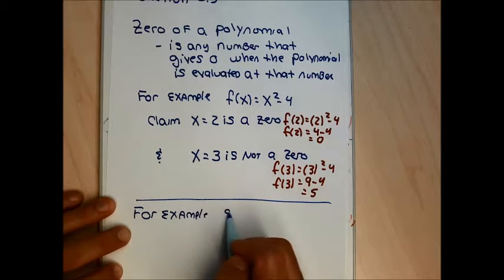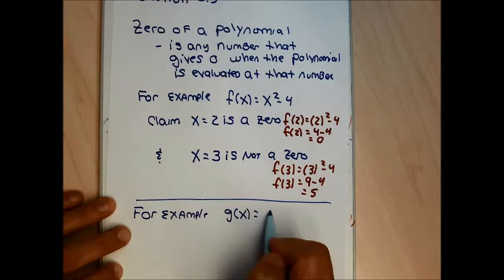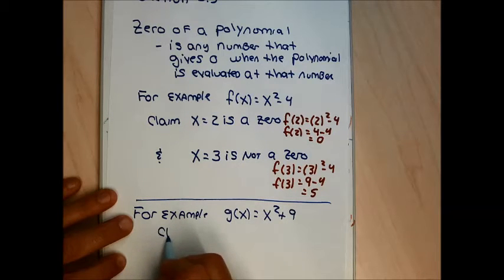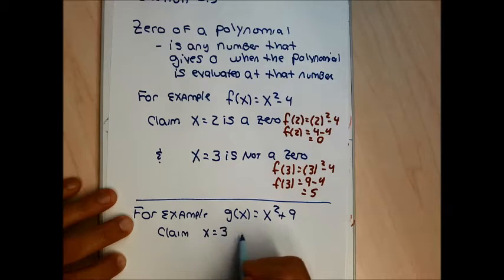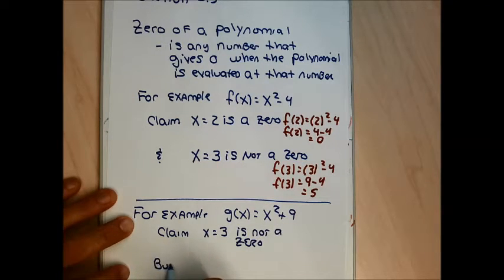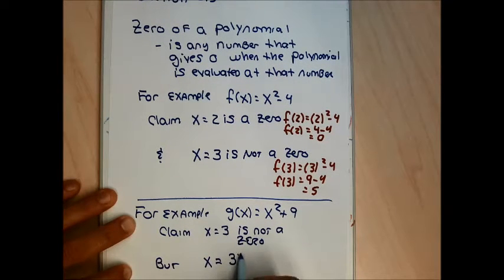how about something like g of x equals x squared plus 9, I claim x equal to 3 is not a zero, but x equal to 3i is a zero.